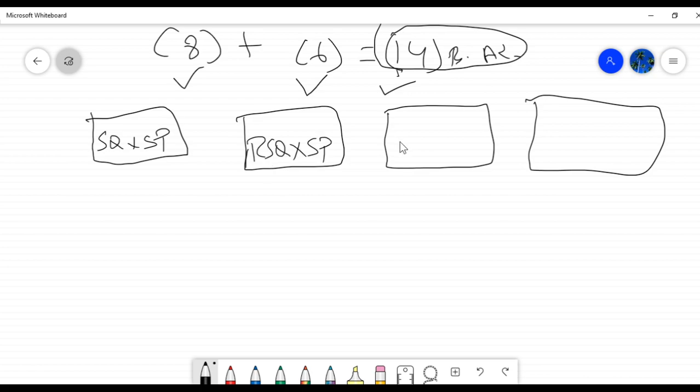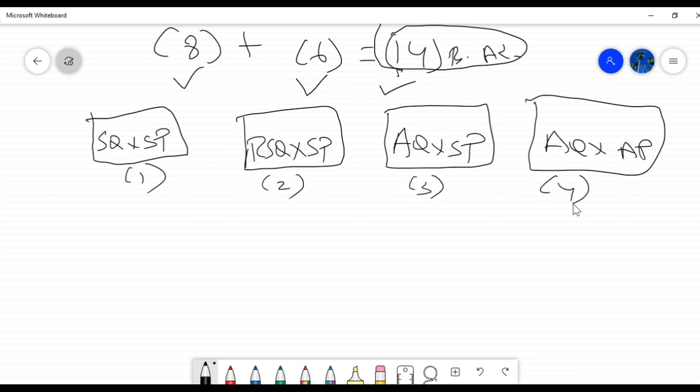Third box, AQ into SP. Then AQ into AP. 1, 2, 3, 4. Okay.